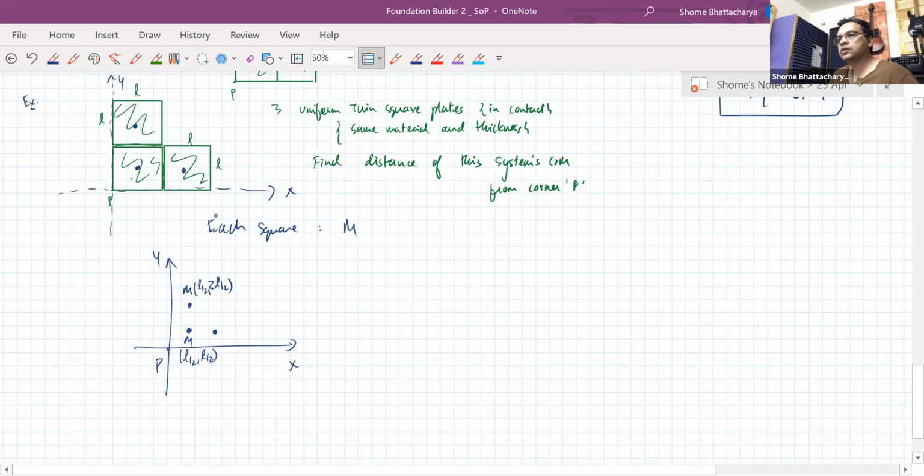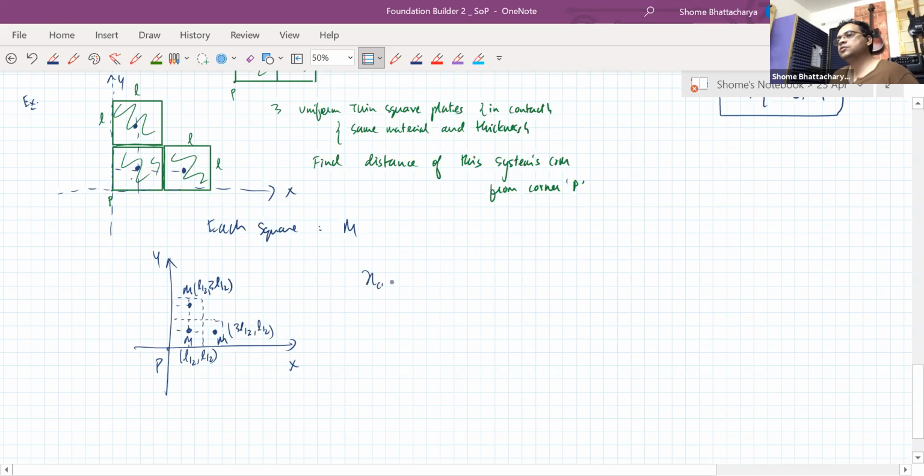That's also having the same mass m, but its x coordinate will become 3L by 2, y coordinate will become L by 2. So I'm just replacing the three blocks with equivalent particles at their centers of mass. Understanding now? In this diagram like this. So now I have a 3-block system.